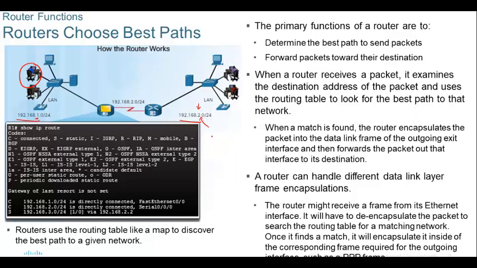Okay, so if someone from this network, meaning what? These all are in the same network, so it is a LAN, a local area network. This is another LAN because this is all in the 192.168.3 network, that is one network.